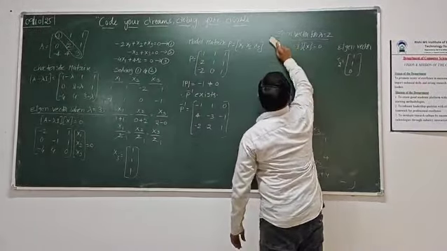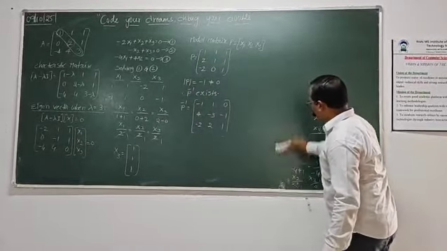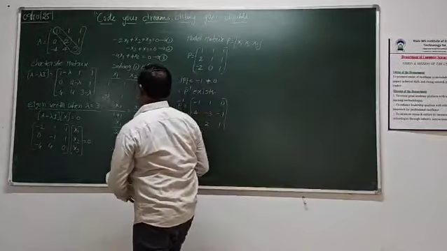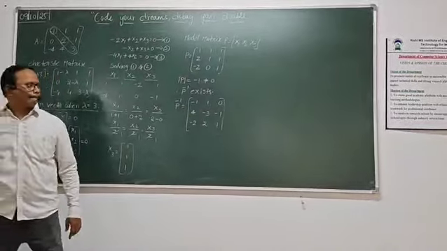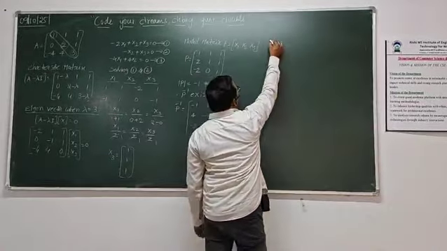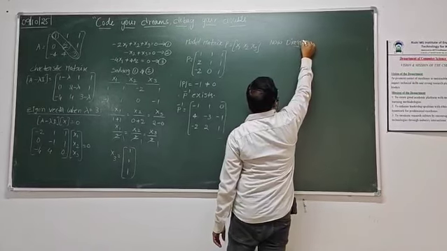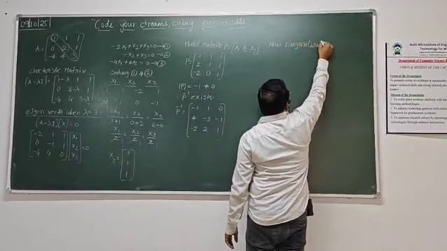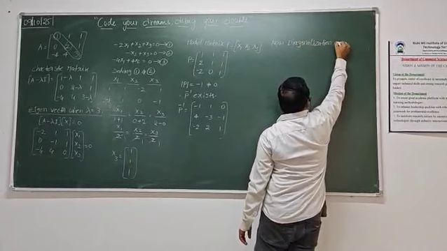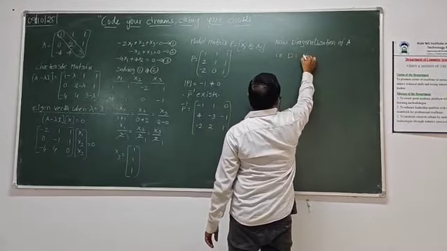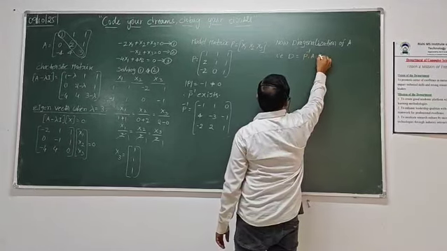Now write down the diagonalization of the given matrix. Diagonalization of A, that is D equal to P inverse AP.